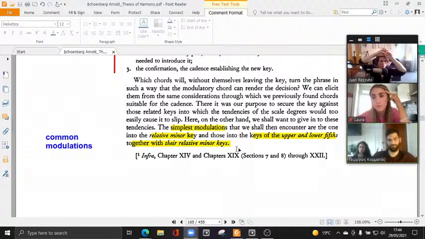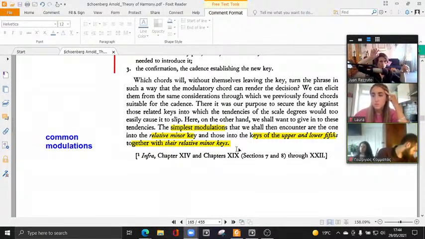If you're in C major, first one, A minor, relative minor. Second, in order of appearance, G major, upper fifth. F major, lower fifth. And then E minor, relative minor of G major, and D minor, relative minor of F major.